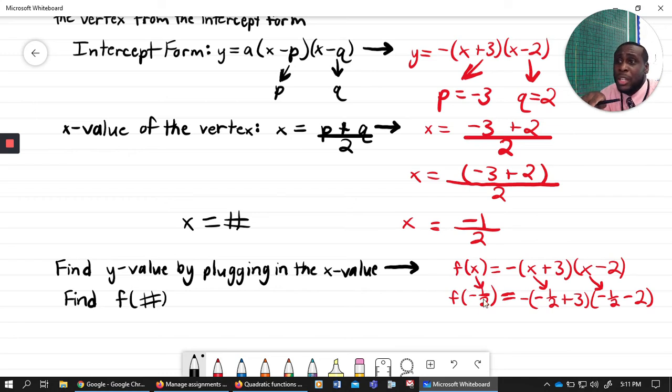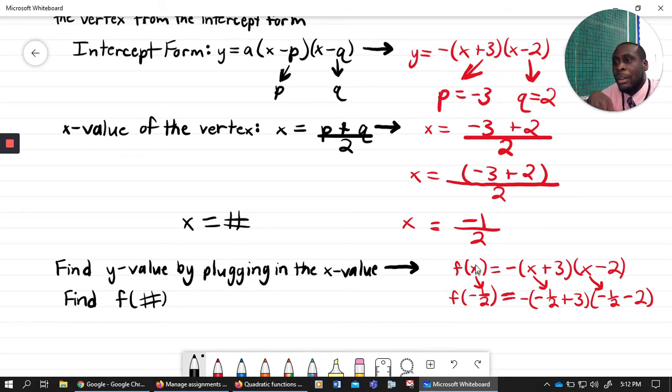I've written this in function notation, f of x equals that, even though it's the same thing as y equals that. And so we want to evaluate this function, plug in that x value, evaluate it, and find the y value, the output.